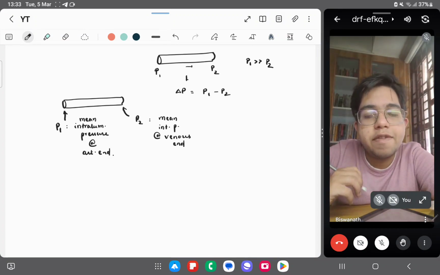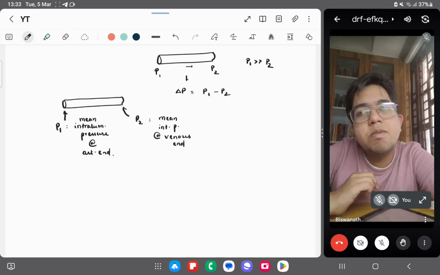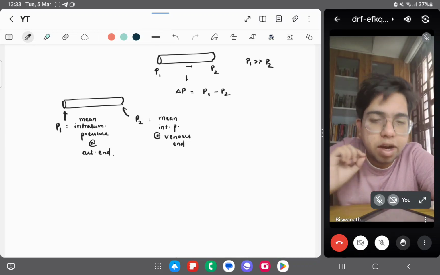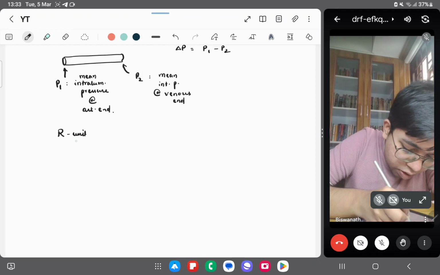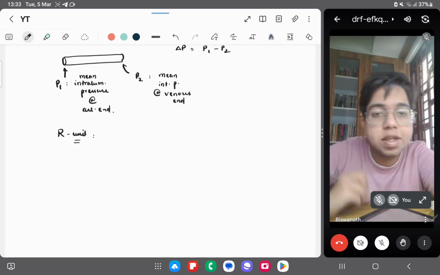After this, we want to discuss some concepts like the R unit. You should know about the R unit, although it is not directly asked. What is the R unit?